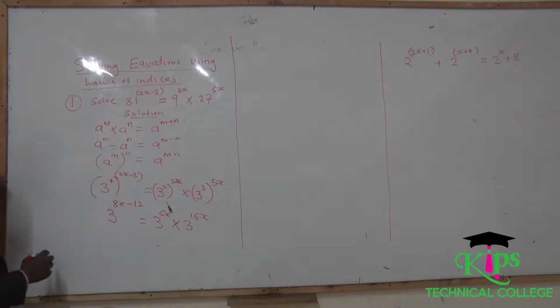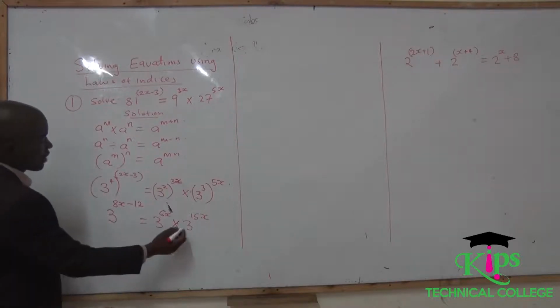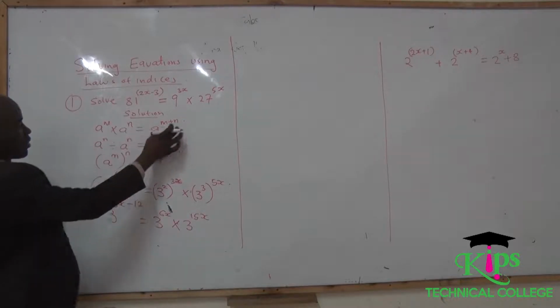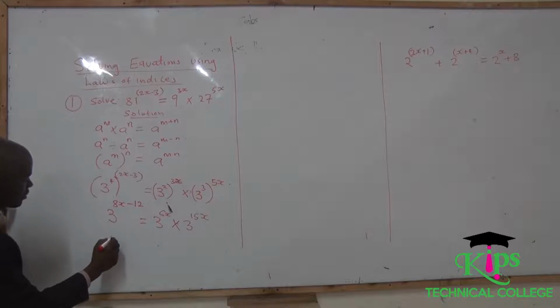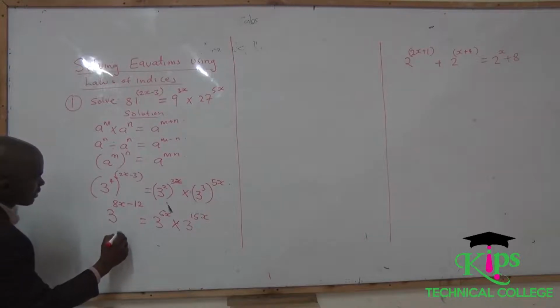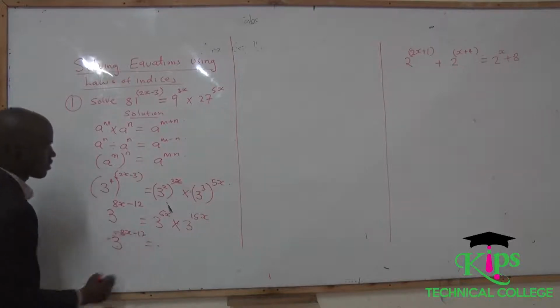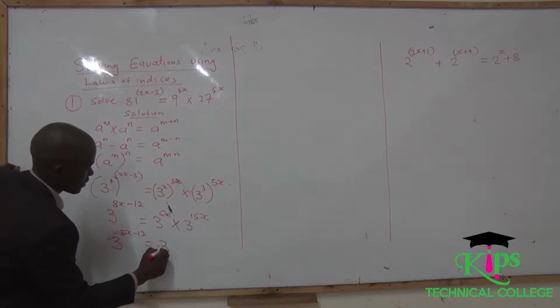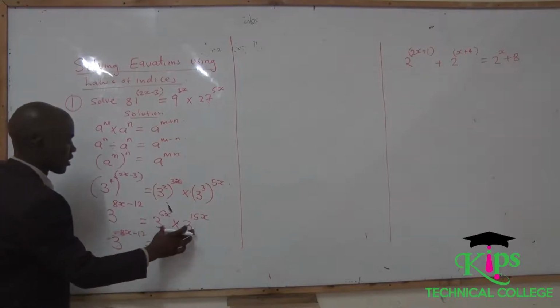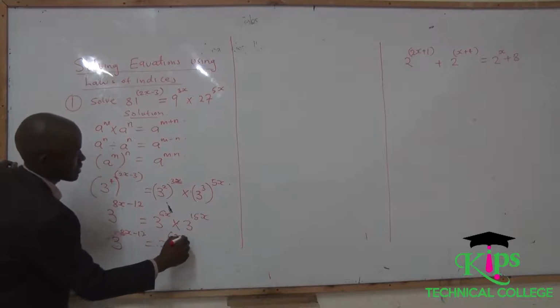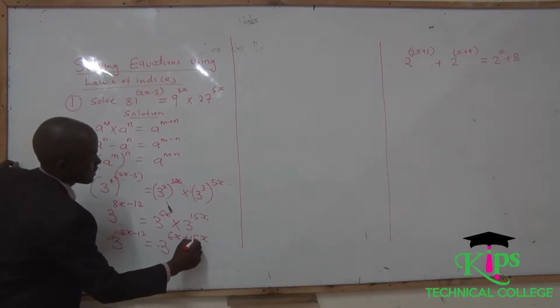Then secondly, we can now apply the product rule. The product rule here means if the bases are the same, you sum up the powers. So 8x minus 12 is equal to 3 raised to, you can now sum up the powers, where you will get 6x plus 15x.